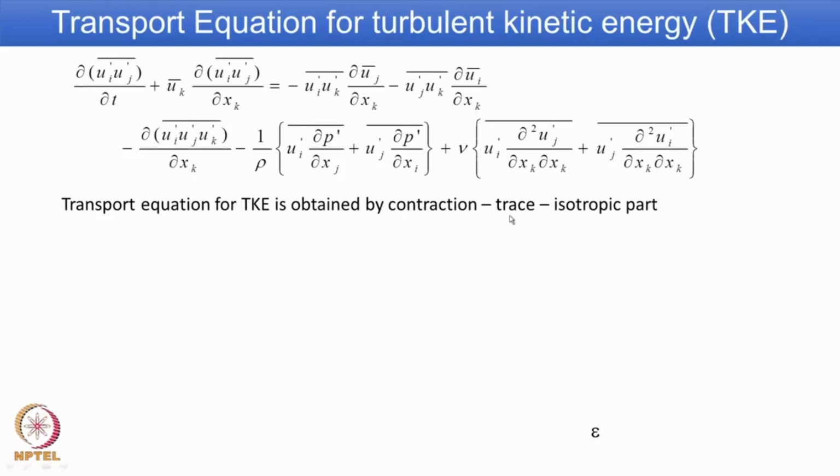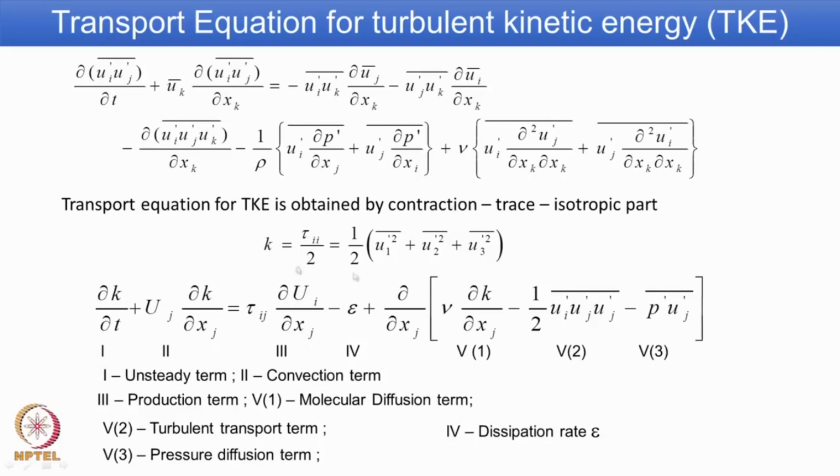And in the trace procedure, contraction, because the index is repeating, you do summation, and that is written here. k, which is a symbol used for denoting turbulent kinetic energy, is tau_ii by 2, and tau_ii is nothing but normal stress. Because we are doing trace, it is the summation u1' squared bar plus u2' squared bar plus u3' squared bar, and we follow this.